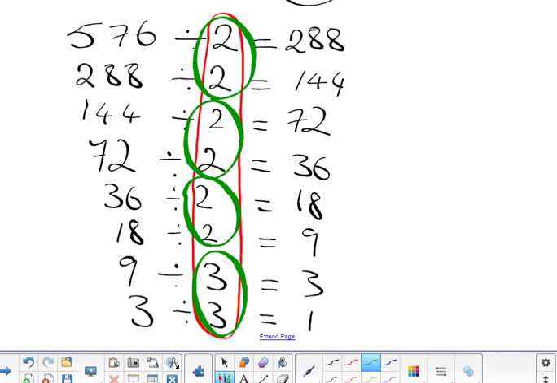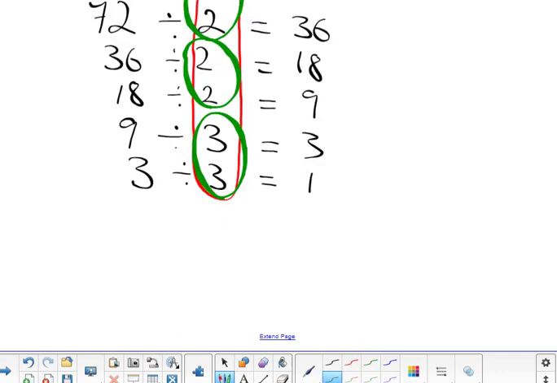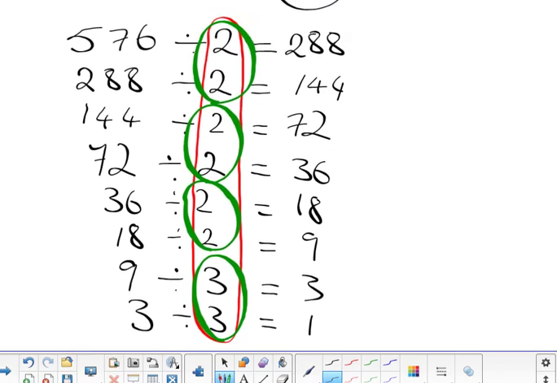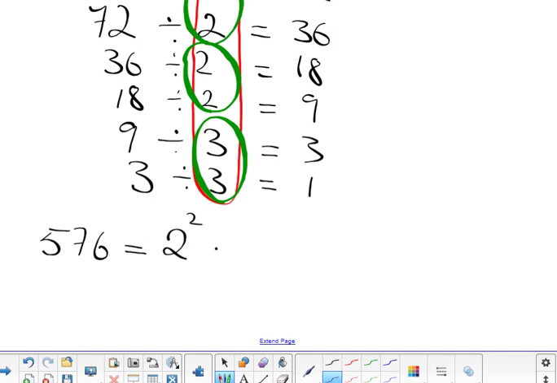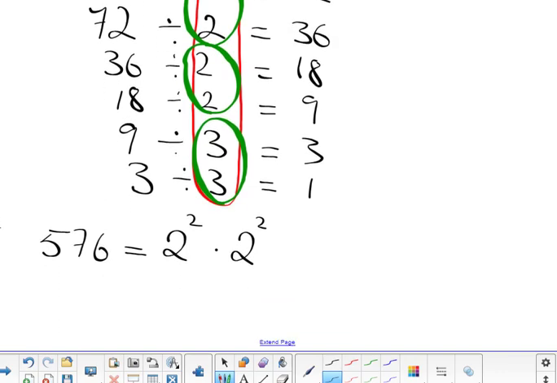So we could write 576 is equal to 2 to the power of 2 for the first pair of 2s, times 2 to the power of 2 again, and then 2 to the power of 2 again, and then finally we've got 3 to the power of 2.